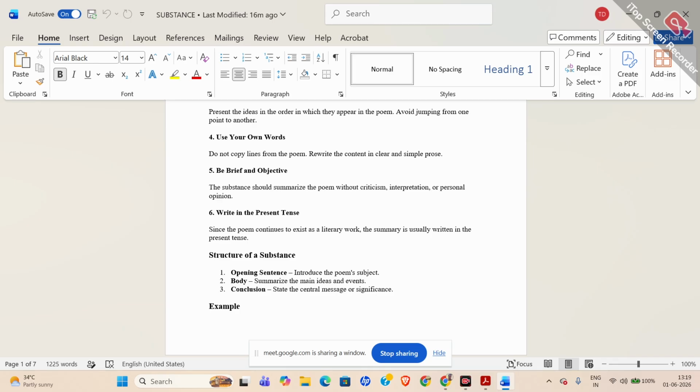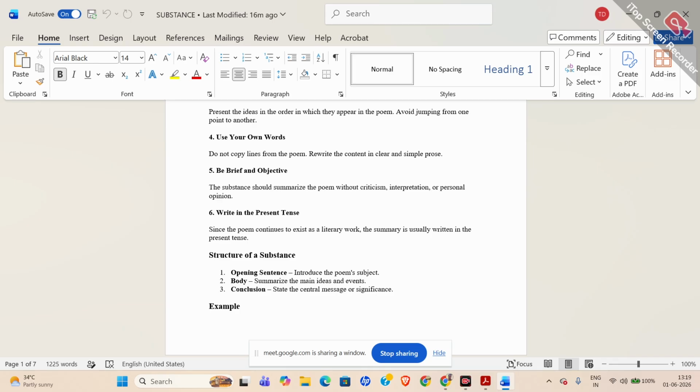Rewrite the content in clear and simple prose. So obviously you cannot copy, মানে তুমি ওই কবিতাটাকে কপি করে করে সেটা চলবে না। এটা অনেকে প্রোজ সাবস্টেন্স তোমাদের এখন নেই, হ্যাঁ, যখন অনেকে করে দেয় ওই প্রোজ থেকে ওটাকে টুকে দিল। So that is also not right. Now, so you cannot do that.